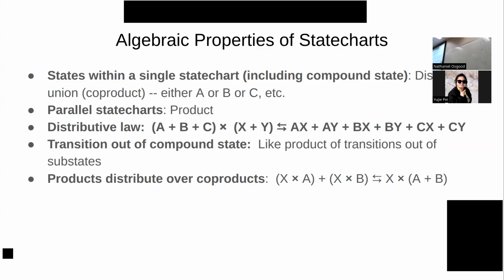What I do want you to know, though, and I'm going to really emphasize now, is this issue that any parallel state charts, when you put state charts side by side, the implication is the product of possibilities. Remember, I said that in one of my first comments about this, that you're in exactly one state with respect to this one at any one time, one state here, one state there, right?